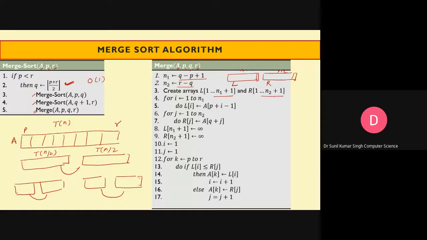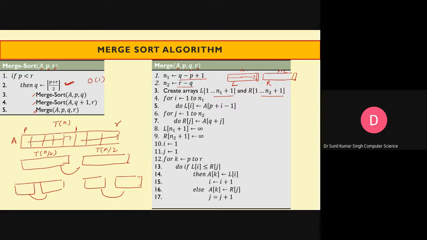Look at here, n1 plus 1 and n2 plus 1. And what we are going to do is copy the values for i equal to 1 to n1, that means starting from here to here from the list. This is the division, so from here to here it will be in L, and then from here to here it will be in R, and then the last index.